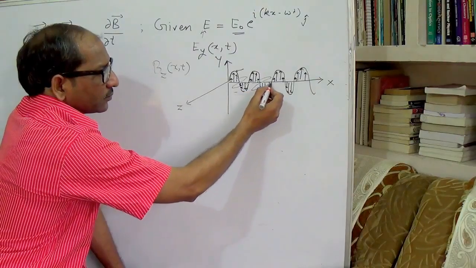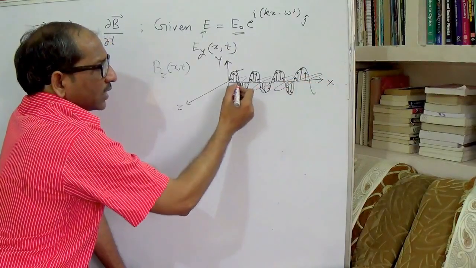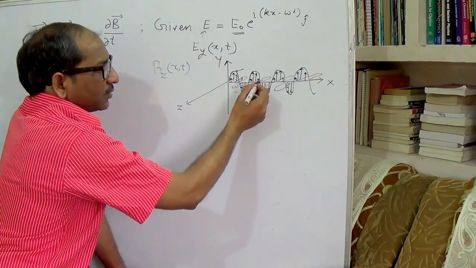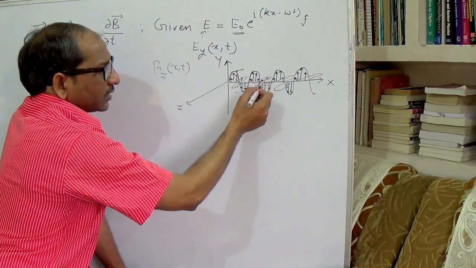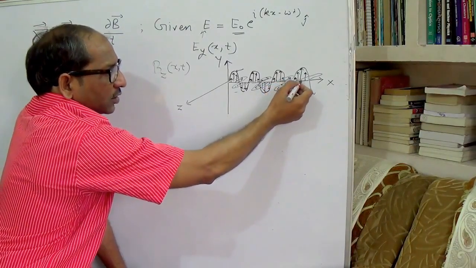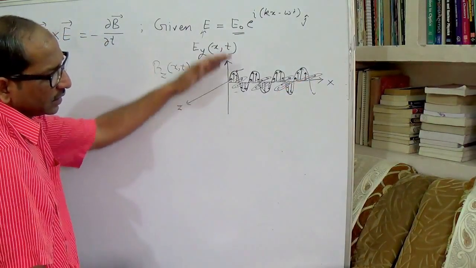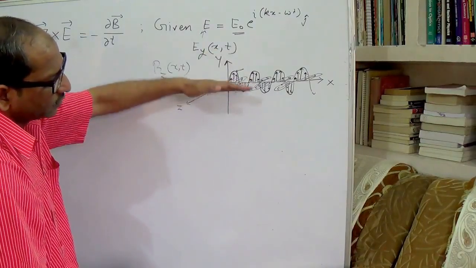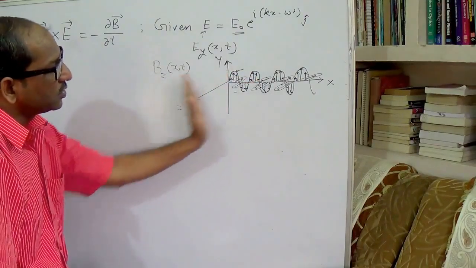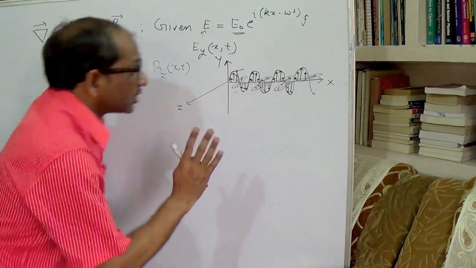So the magnetic field is vibrating along the z-axis. This is the result of these two field components vibrating perpendicular to each other. This is the electric field component and this is the magnetic field component, and the wave is propagating along the x-axis.